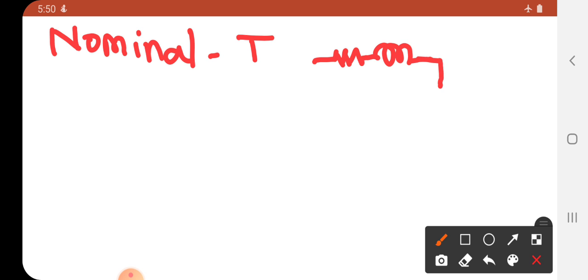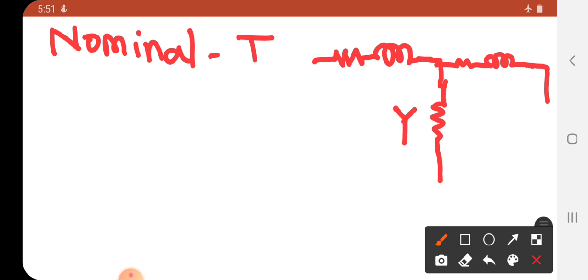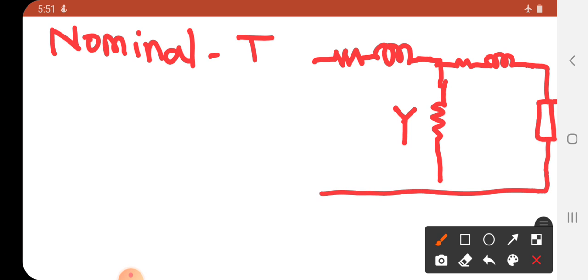Let this be Y. The load is connected at the receiving end, and here we assume the sending end.